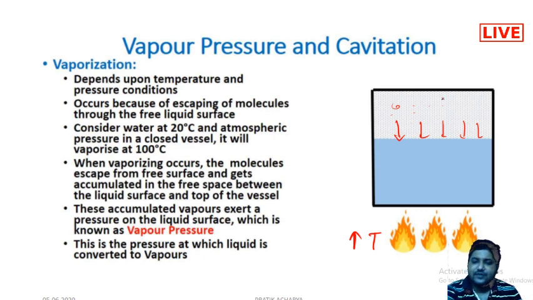That pressure exerted by the vapor onto the surface is called vapor pressure. When the liquid starts vaporizing, the molecules escape from the free surface and accumulate in the space between the liquid surface and the top of the vessel. This accumulated vapor exerts a pressure on the liquid surface, which is known as vapor pressure.